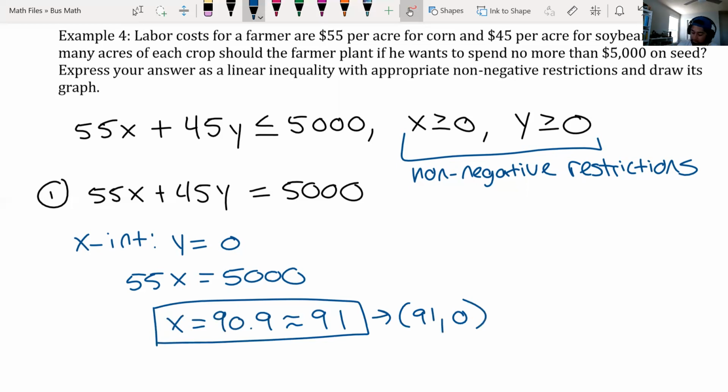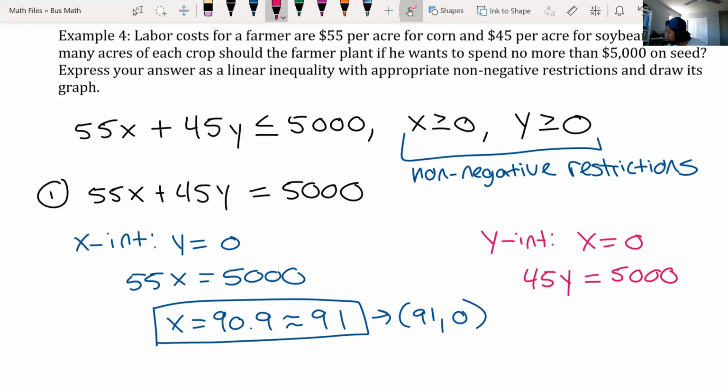Okay. And then we want the Y-intercept. So we let X equal 0, and we get 45Y equal to 5,000. Divide by 45, and we get Y equals 111.11.